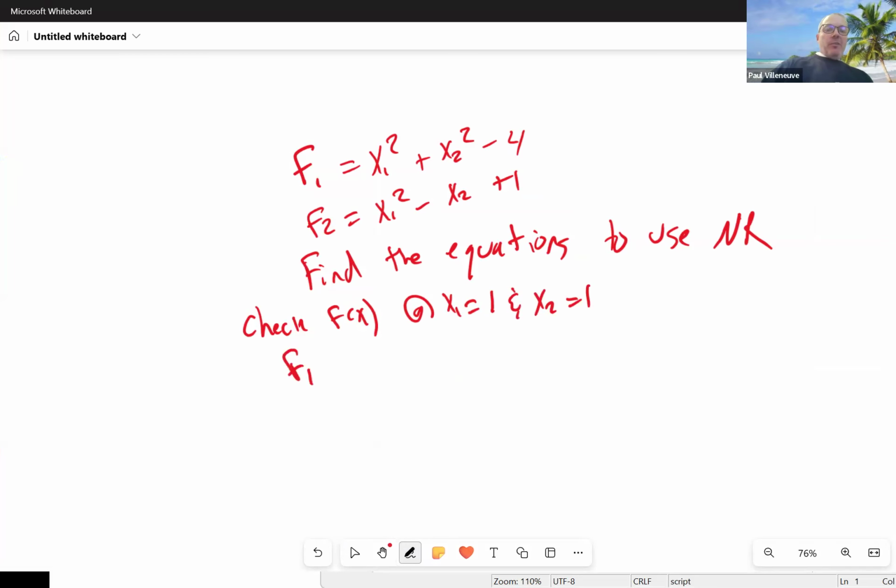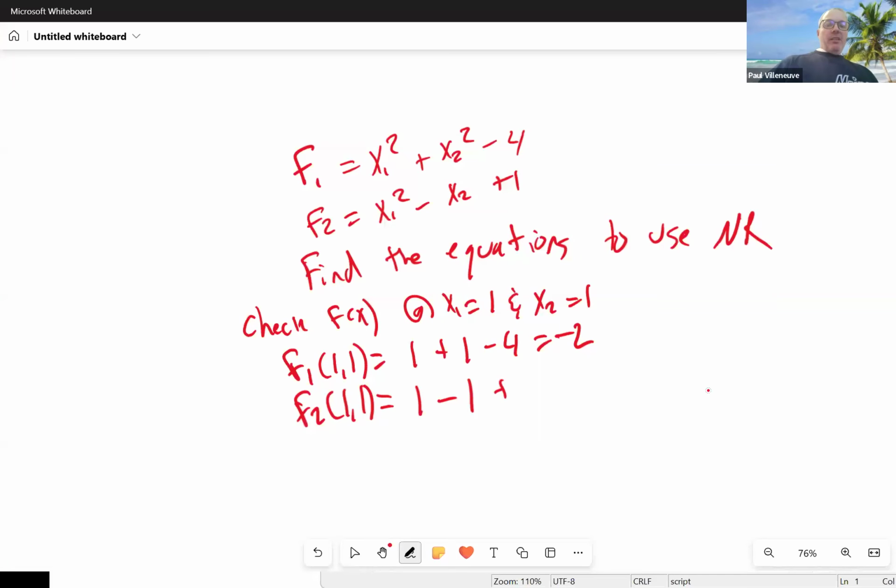So the first thing we'll do is plug in: 1 plus 1 minus 4 equals negative 2. f2 of 1 comma 1 is equal to 1 minus 1 plus 1, equal to 1. So maybe that's the best thing to do, which is check to see if your f of x equations evaluate to 0.